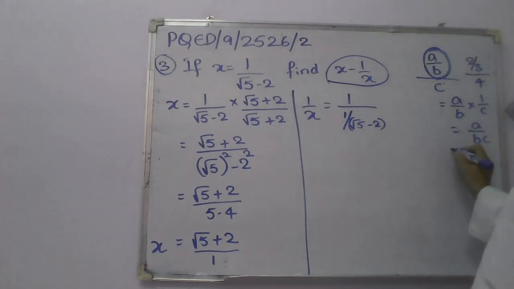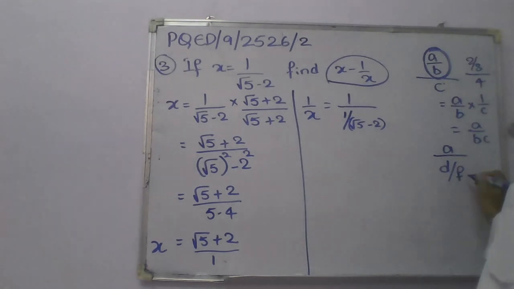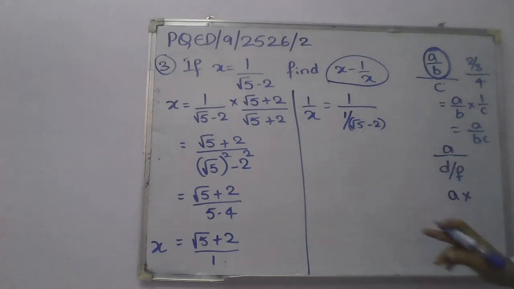But if you have, let us say, a by d by f, a fraction in the denominator, that actually means a divided by d by f. So it will be written as a multiplied by the reciprocal. If it is in the denominator, you change the division into multiplication and take the reciprocal of the denominator, that means f by d.